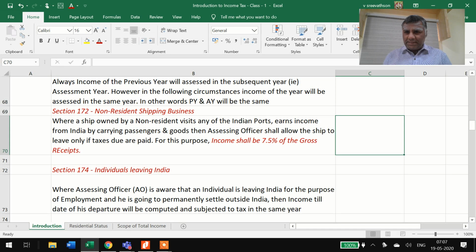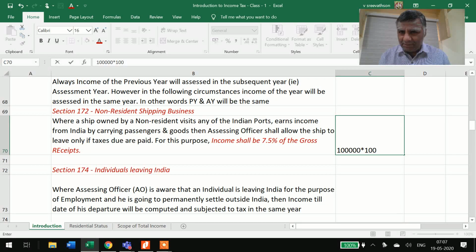Now, per passenger you have charged 1 lakh, and let us take 100 passengers. Do you think the entire amount is an income? It is only receipt. There are a lot of expenditures. Income is revenue minus expenditure, or receipt minus expenditure.